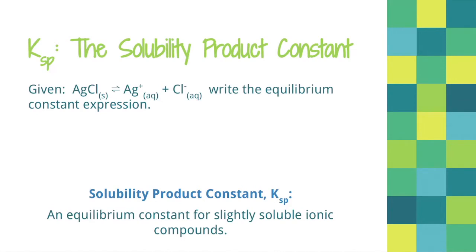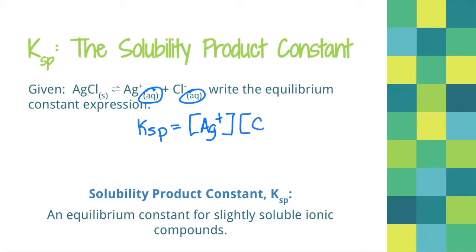So to write out a KSP, it's the same as writing out any K expression. We're going to take the concentration of our products. So our silver ions, we're including that because it is aqueous. And our chloride ions, again because that is aqueous. And then typically what we would do for a K value is divide that by our reactants.